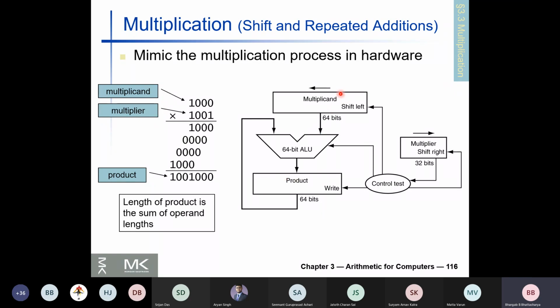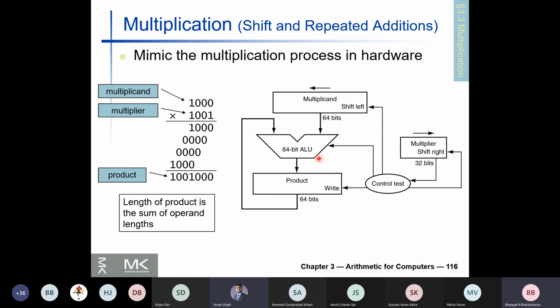But why for multiplicand have we kept a 64-bit register? We are shifting it 32 times, so we need to take care of that.